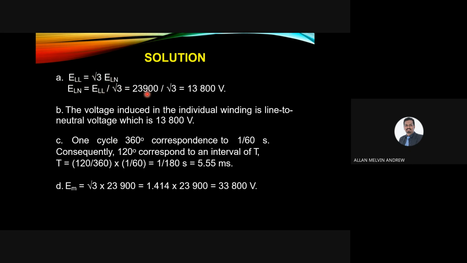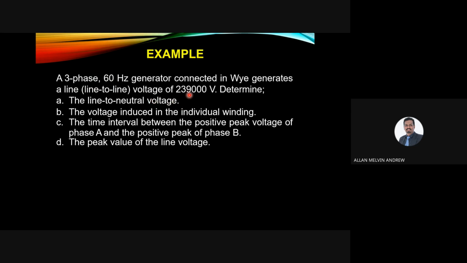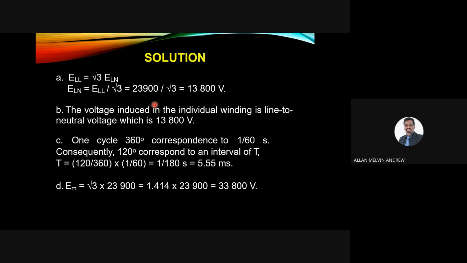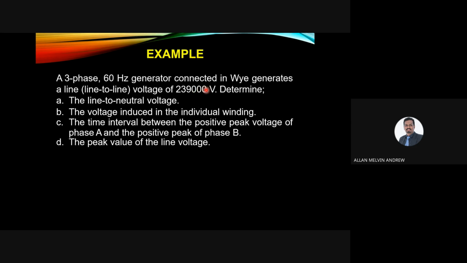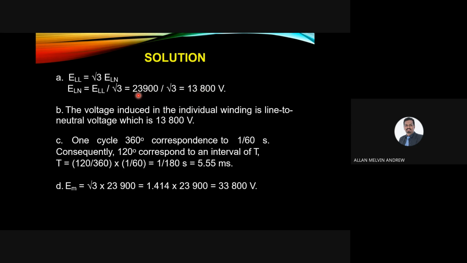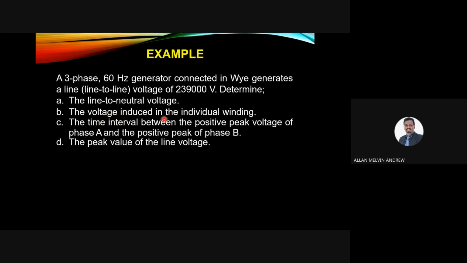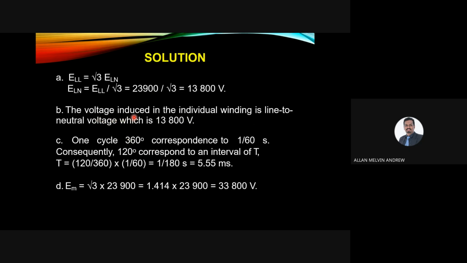ELL is 23,900, so you divide by square root of 3 and get 13,800 volts. For the second part, the voltage induced in the individual winding is the line to neutral voltage, which is 13,800. So calculated here.